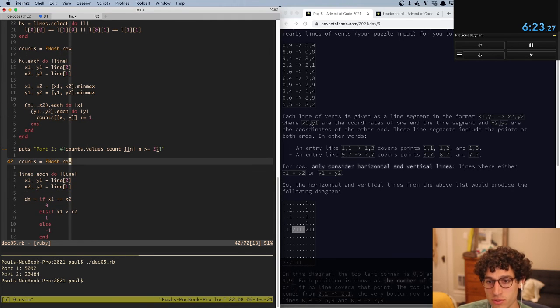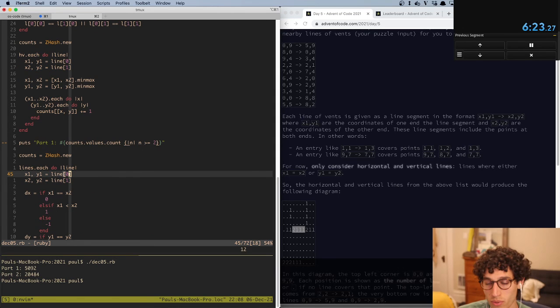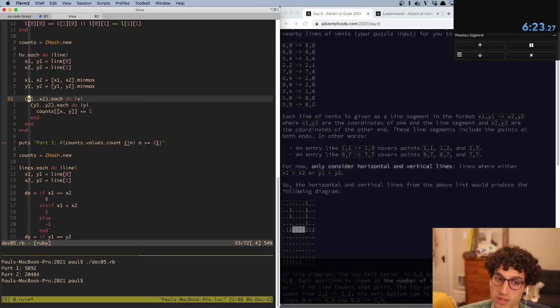Then for part 2, we ran into issues where if x2 is less than x1, then the iteration is empty and it never iterates. So that was busted. That was a bummer.